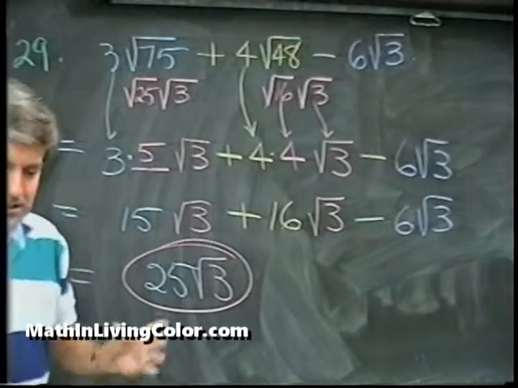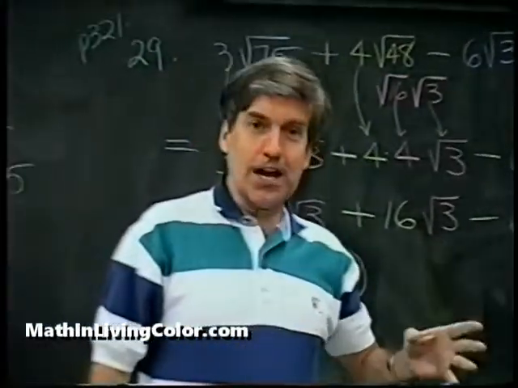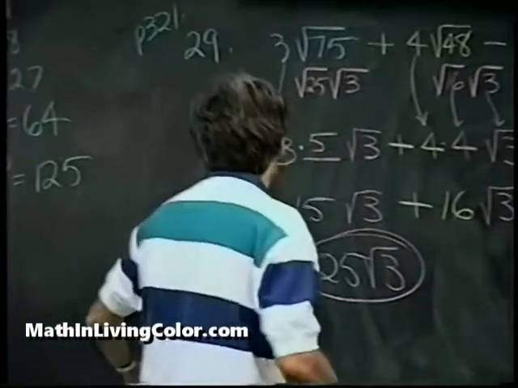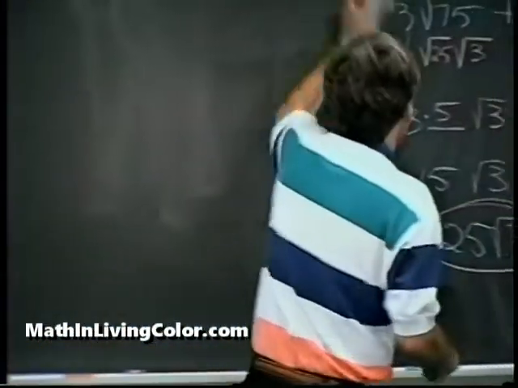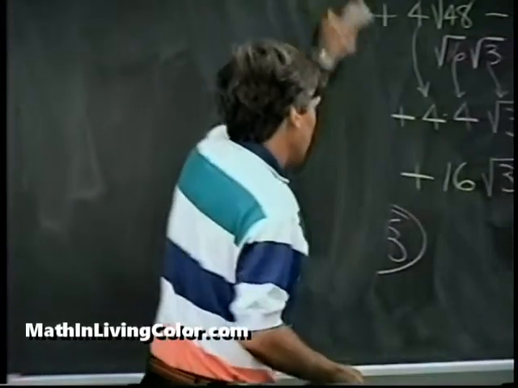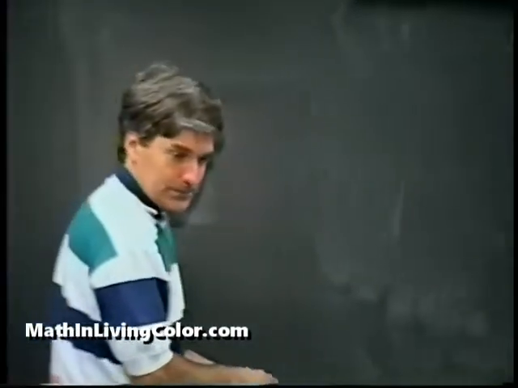All right, now I think this would be a good time for you to try number 30. So I'm going to stop and ask you to do number 30. Let me write it on the board in case anybody is doing this with the videotape. Oh, I shouldn't have erased that, should I? That's your sample problem. Sorry.